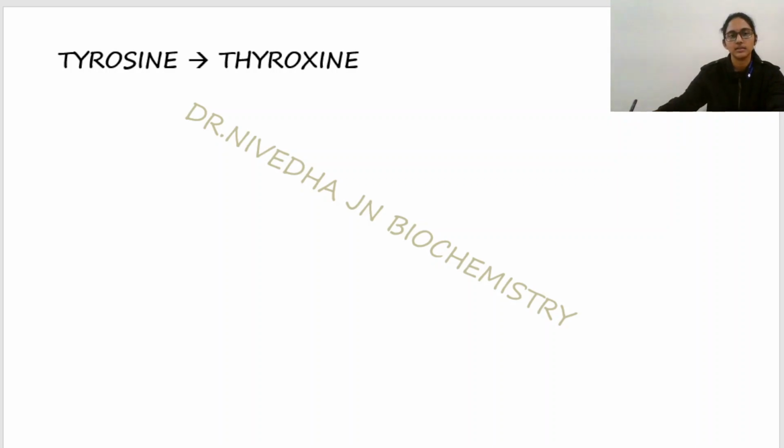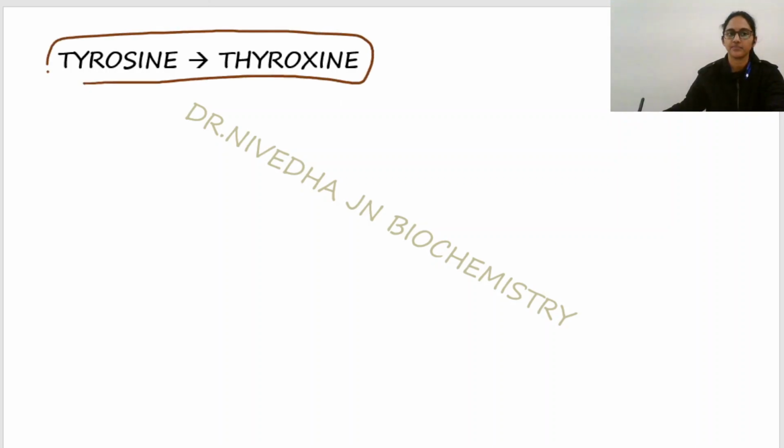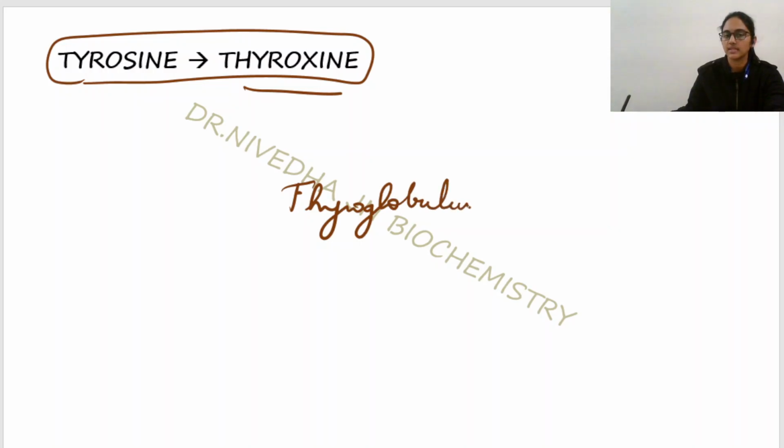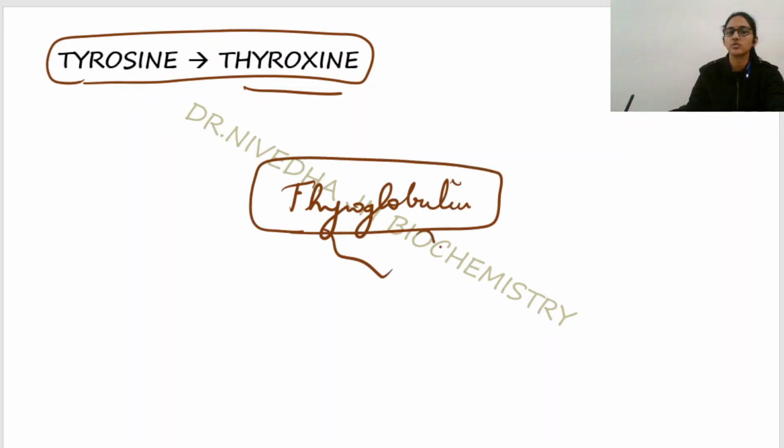Now the next product is tyrosine to thyroxine, helping in formation of thyroxine. How is it possible? Thyroxine is a thyroid hormone, is it not? In the thyroid follicle, we have a protein called thyroglobulin. This thyroglobulin has many tyrosine residues on it.